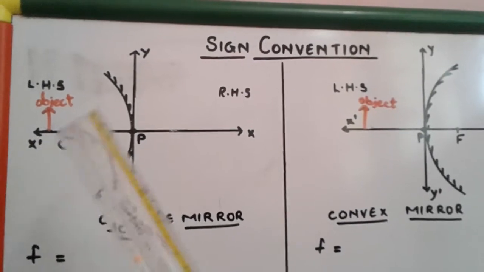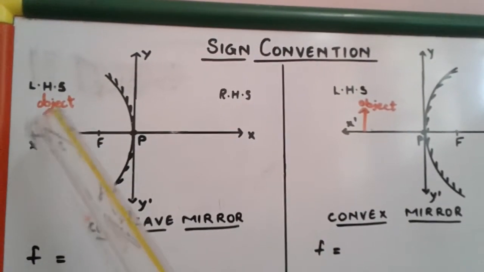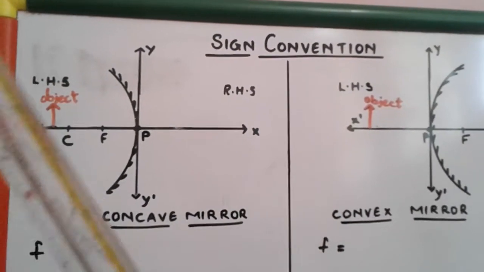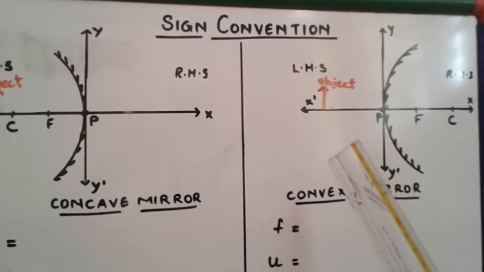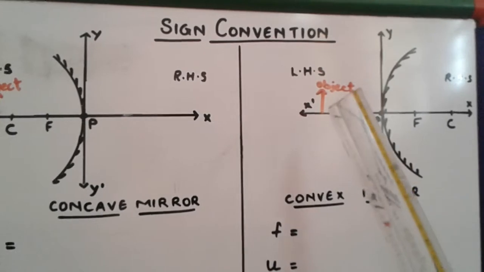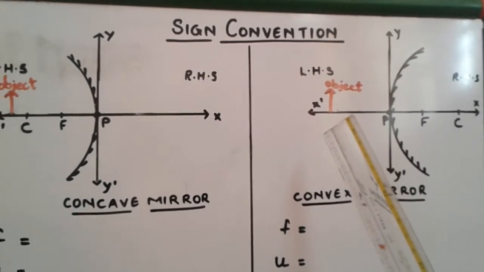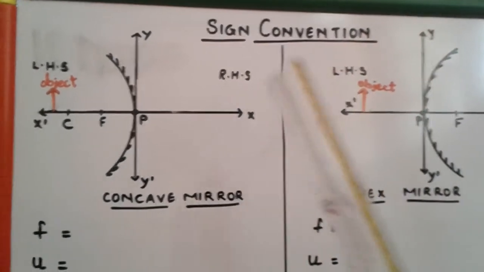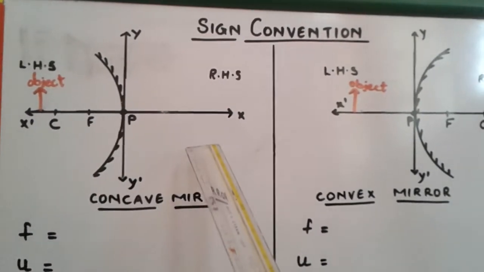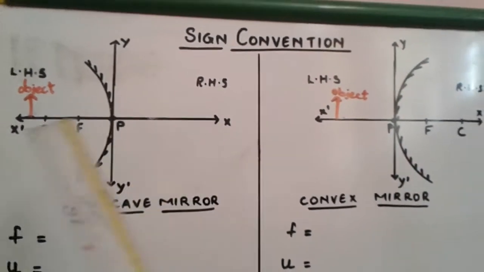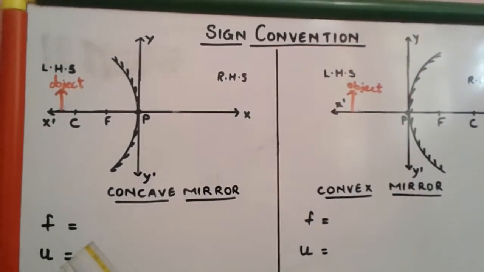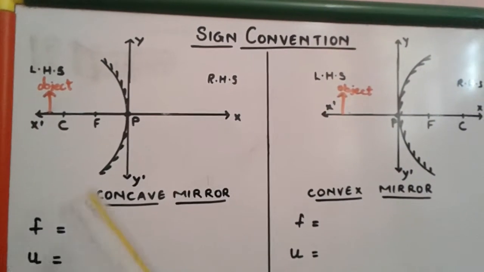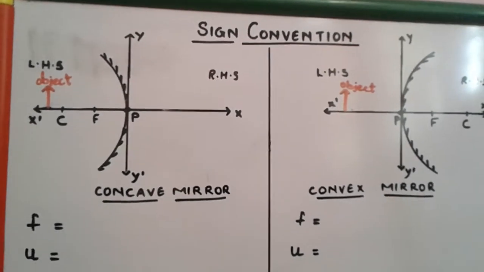You have to remember that the object will always be placed on your left hand side, whatever the position of the object. Similarly for the convex mirror, the object will always be placed on the left hand side. The image can be formed on the left hand side or right hand side depending upon its nature and the position of the object, but the object has to be placed always on the left hand side of the mirror.